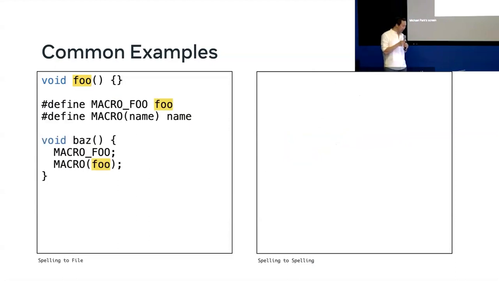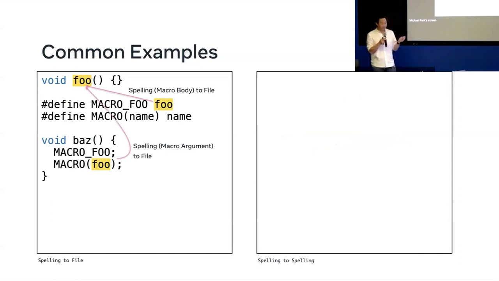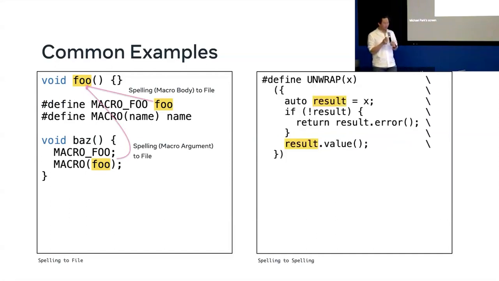Okay, let's get to some more. Here we have a spelling in a macro body to file. So now we're escaping macro definitions to normal code. And here we have a spelling location, which is a macro argument, that points to a file. And finally, if you've seen code like this, you have code that points within itself, within the macro definition.